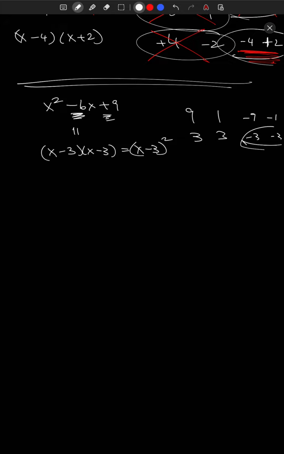Okay, notice something interesting, actually. We could do this one as well. It's perfectly legal to factor this in the same way, because we can think of this as plus 0. So how do you get two things multiplied to 0?